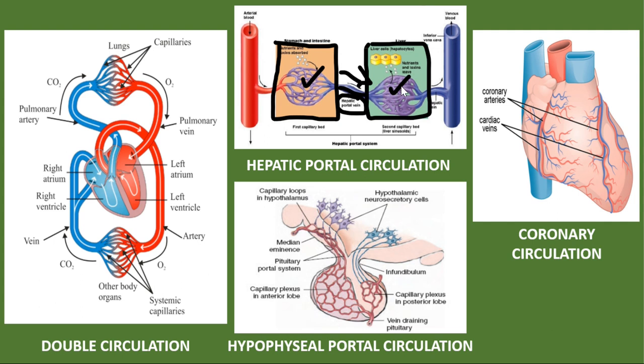This hepatic portal vein carries blood with digested food particles, glucose, amino acids, glycerol, fatty acids to the liver, where it ramifies into capillaries and supplies blood to the hepatic or liver cells.